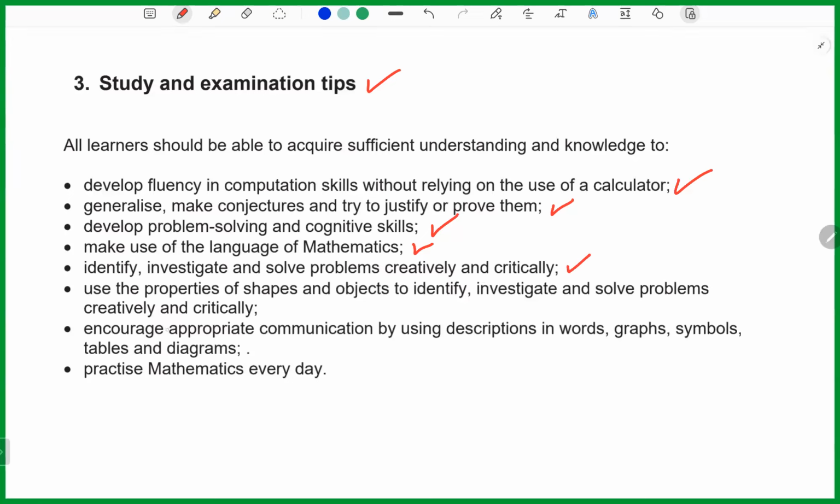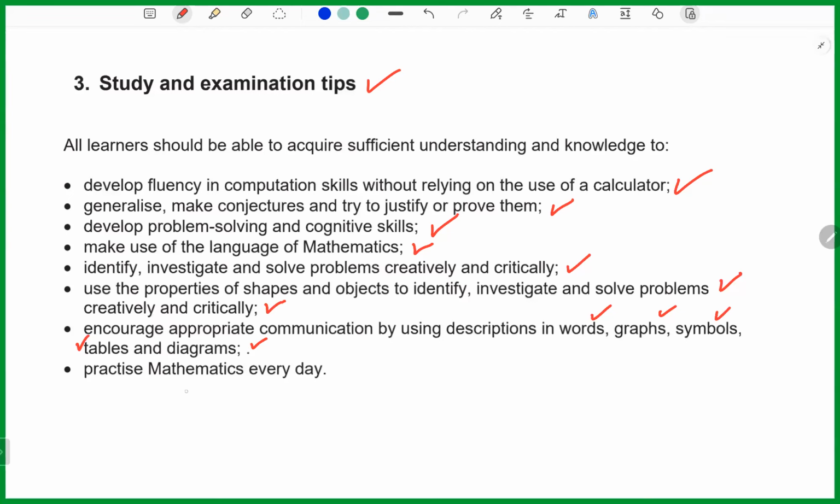They need to be able to use the properties of shapes and objects to identify, investigate, and solve problems creatively and critically. They need to be able to encourage appropriate communication by using descriptions and words, graphs, symbols, tables, and diagrams.